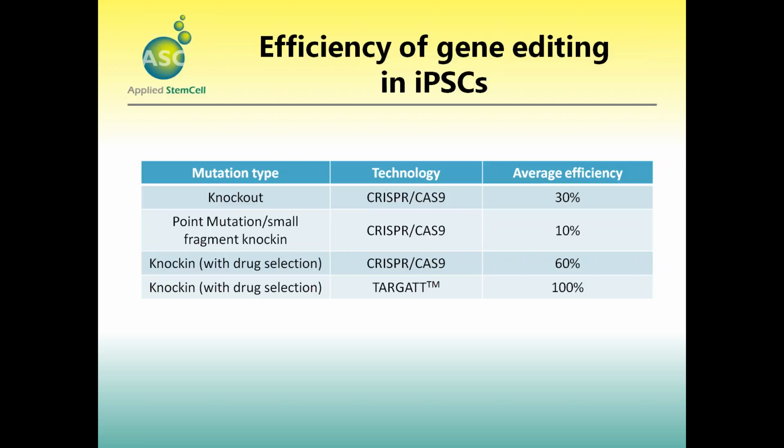For large fragment knock-in, we can use either CRISPR or TARGATT, but TARGATT has more capability for inserting even larger fragments. With drug selection, CRISPR Cas9 can generate almost 60% targeting efficiency, while TARGATT can have 100% targeting efficiency with drug selection.